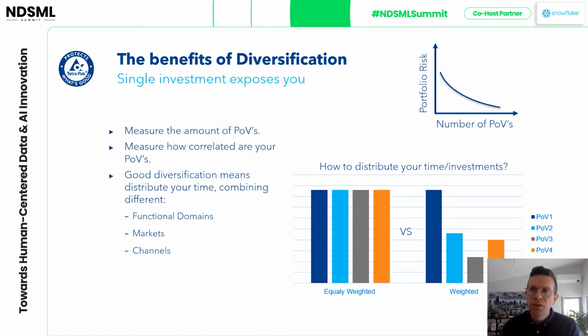And typically you could be exposed by fluctuations of the market, by fluctuations of the industry, project or industry performance, etc. So you would like to combine different stocks, right? That's by definition the approach for portfolio management in financial markets. So we need to diversify, basically.